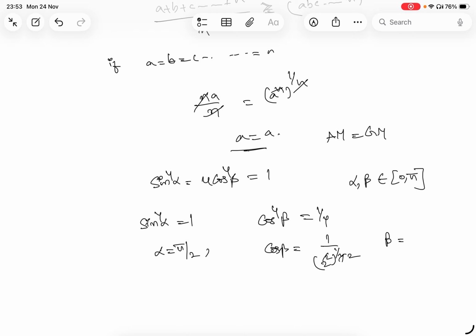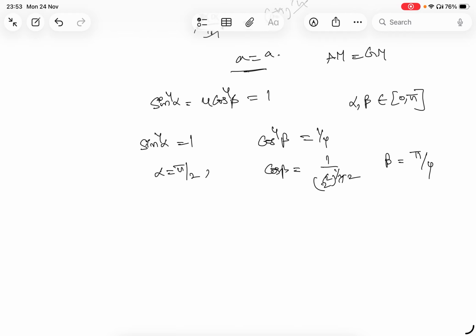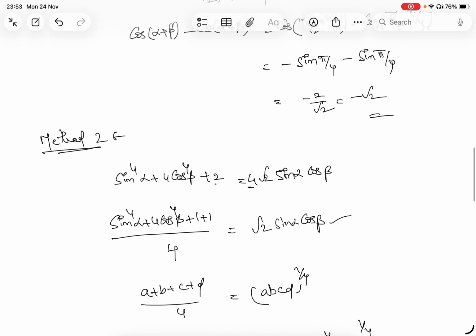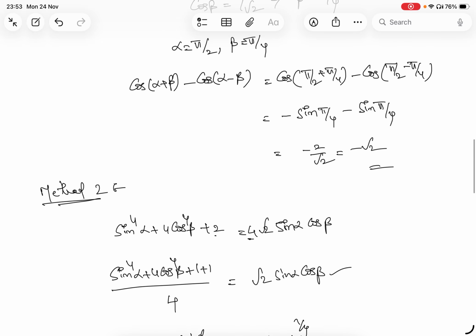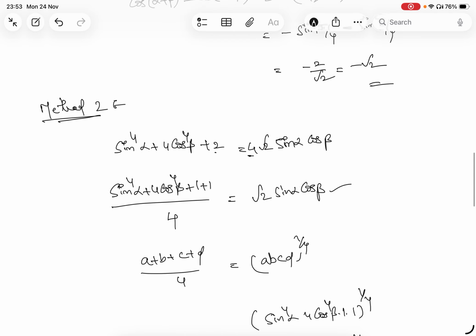Then beta is pi by 4, right? It's 1 by root 2. So we have got pi by 2 and pi by 4, as you can see here. Then it's the same thing.